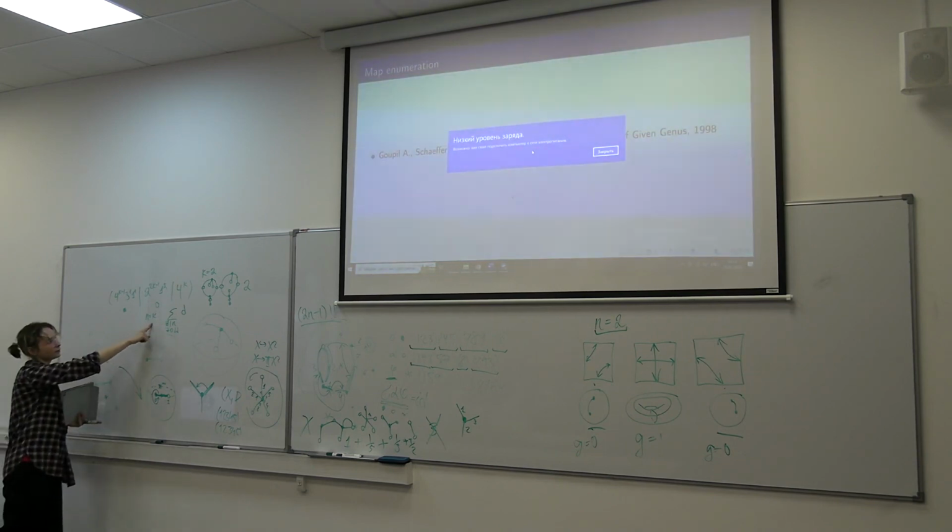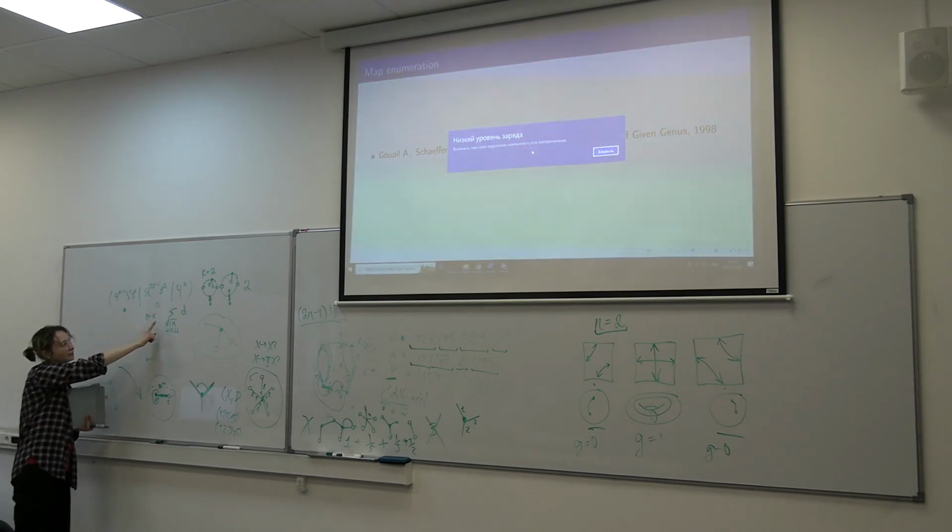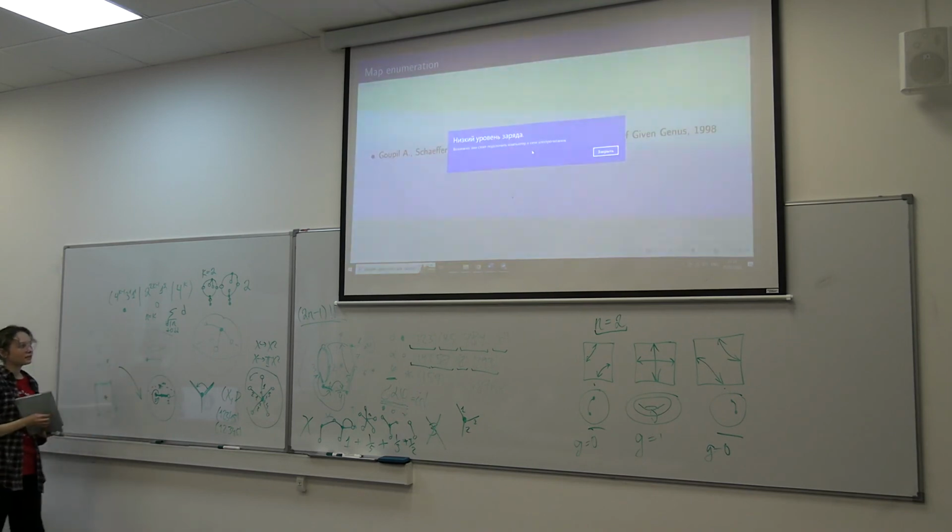For fixed n, I have the hypothesis that this quantity is this, and I try to prove it by doing some recursion formula by constructing the coverings. So I'm on my way.